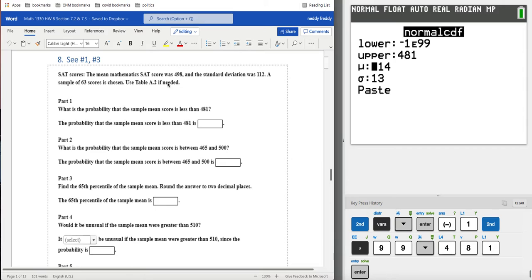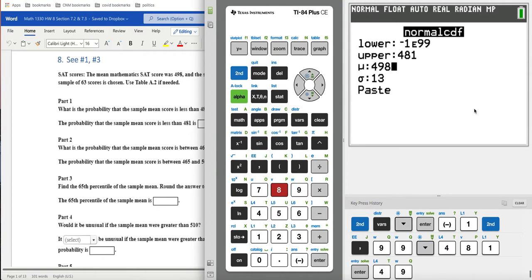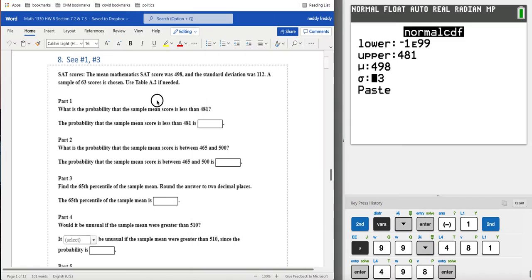Our mean is still going to be just enter the mean from the problem, 498. And standard deviation is 112.